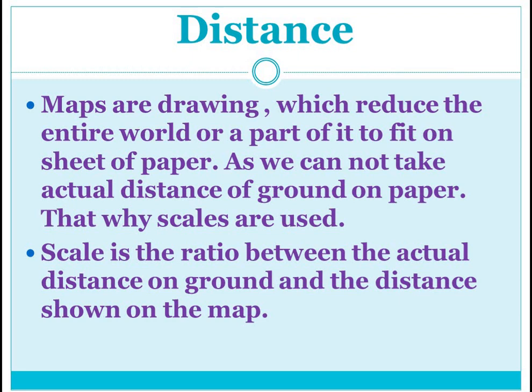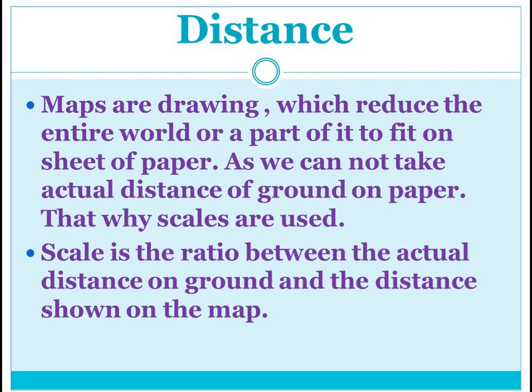As we already discussed that we can't take actual distance of the ground on paper, that's why the scales are used. Isn't it? Can we take the actual ground, the same part or the same distance of the actual ground on the paper to draw? No, it is not possible.